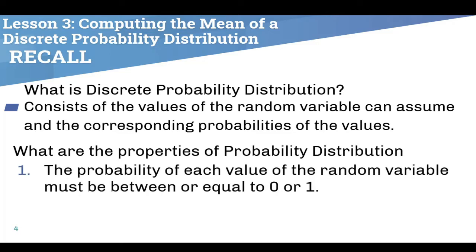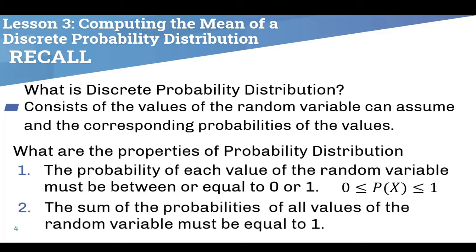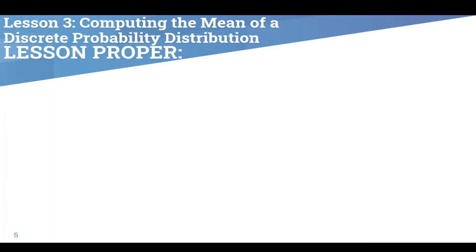First, the probability of each value of the random variable must be between or equal to 0 or 1. Next, the sum of the probabilities of all values of the random variable must be equal to 1. So, those two are our properties of probability distribution.